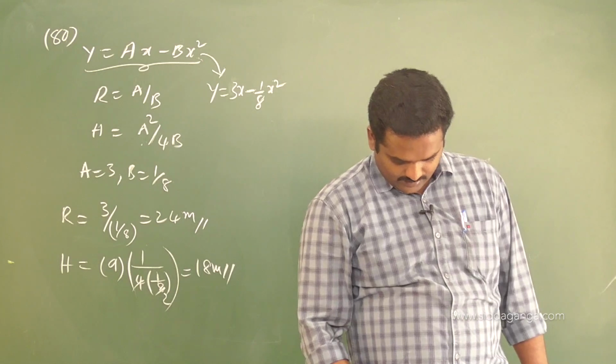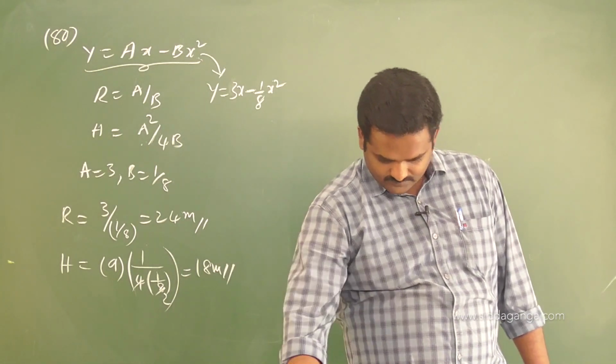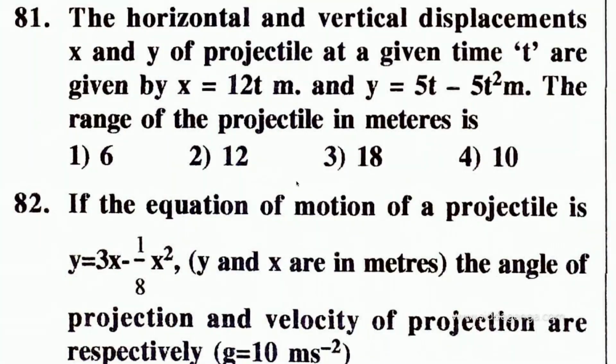Next, 81st problem. This is once again already solved, in the form of x equals to 12t, similar to the 79th problem. They are given x value and y value. They are asking to find out the value of what? Range. Range means 2 into ux into uy by g in component method.